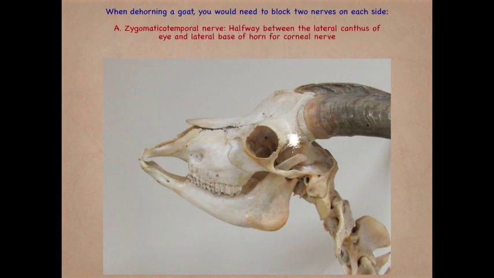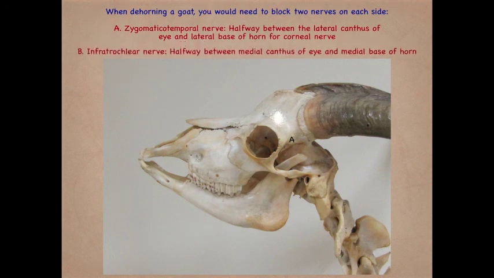One is going to be that zygomaticotemporal nerve. That's generally blocked halfway between the lateral canthus of the eye and the lateral base of the horn. And that's for the cornual nerve. And then that infratrochlear nerve, you want to basically block it halfway between the medial canthus of the eye and the medial base of the horn.